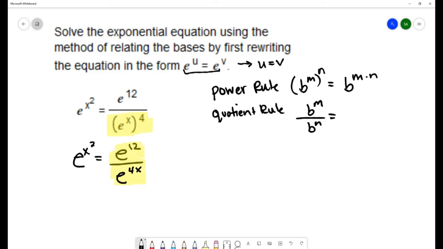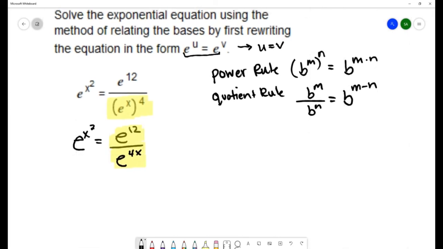And when you divide expressions with the same base, you subtract the exponents. So that's what we're going to do in our example here. We have e to the x squared equals e to the 12th minus 4x. So we were able to apply that quotient rule. And now you can see that we have the bases the same on both sides.